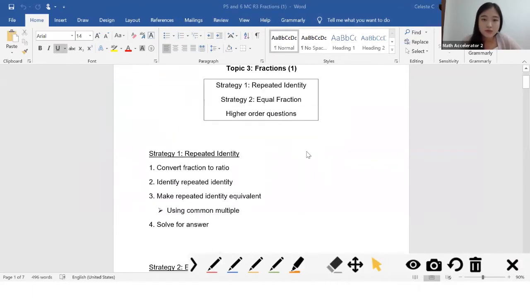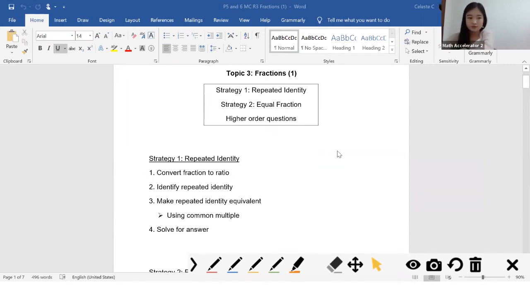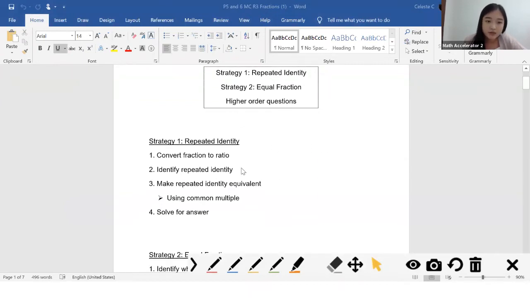Today we'll be doing fractions 1. Strategy one will be repeated identity. These are the steps, and they're pretty simple. The first step, you'll be given a fraction and you have to convert it to a ratio.